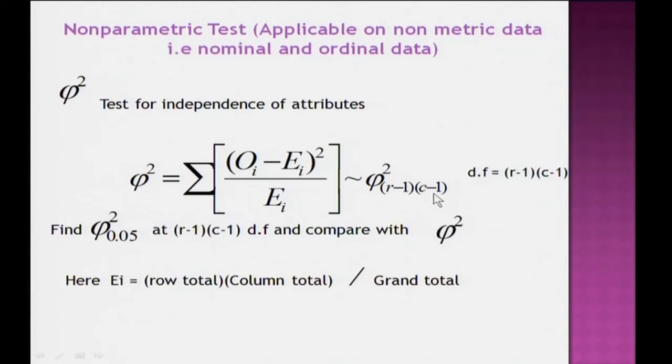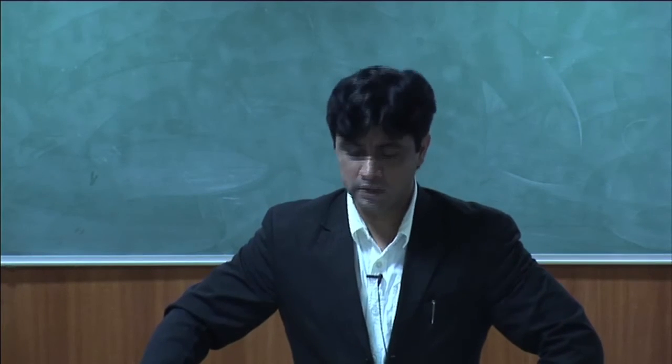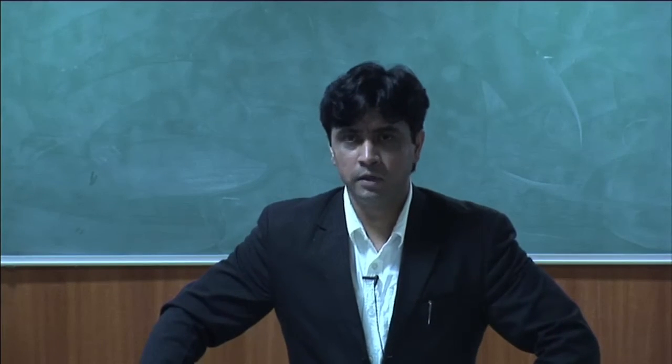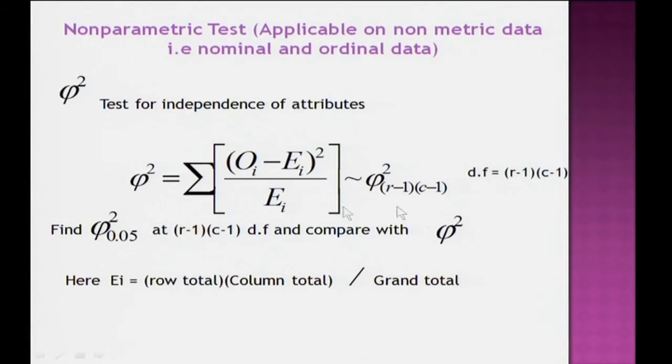This is a situation when your data is in a contingency table. In a contingency table, you will have certain rows and certain columns, and here the expected will not be given. Expected you will have to first calculate. Expected would be row total into column total divided by the grand total.